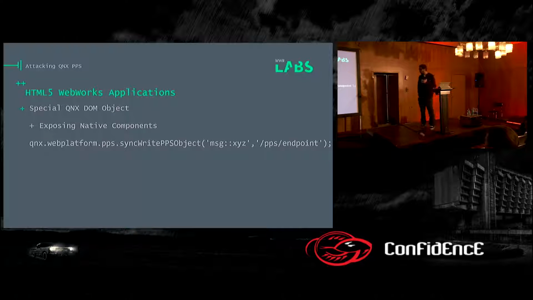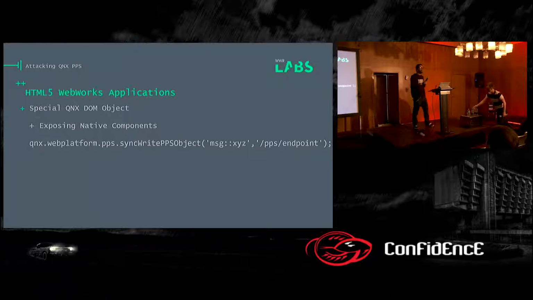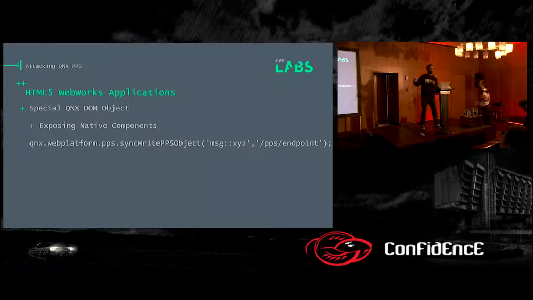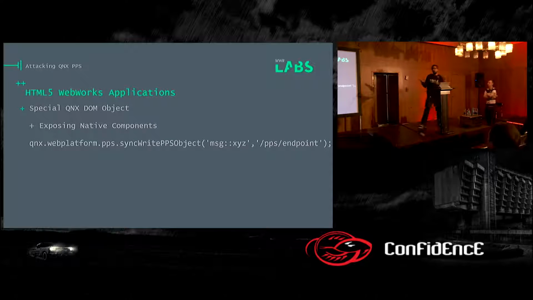Unfortunately, I don't think I'll have time to talk about this, but an interesting thing from an attacker's perspective is that QNX exposes a special DOM object in the WebKit browser for Blackberry 10 OS, and this special QNX object gives access to a bunch of interesting features of the operating system.